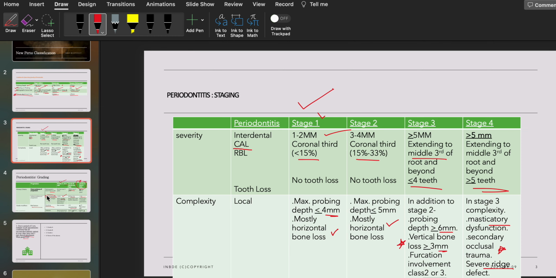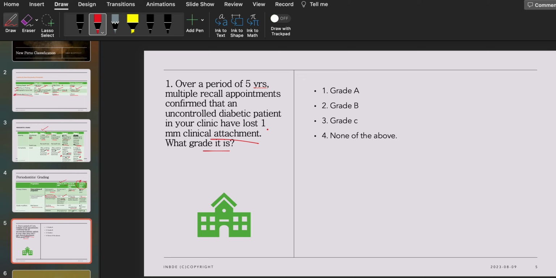So right away, when you see in the question that the attachment loss is only 1 millimeter, you might be tempted to answer grade A. No, please. Over here, it talks about an uncontrolled diabetic patient. The answer is right away grade C. So please do understand the question and the classification and how to answer these questions. They might look easy, but they can get tricky.